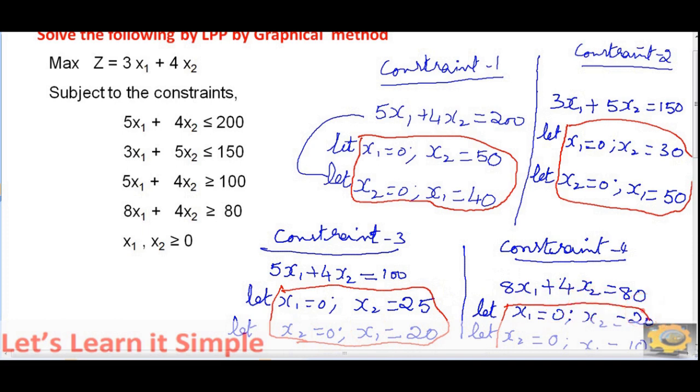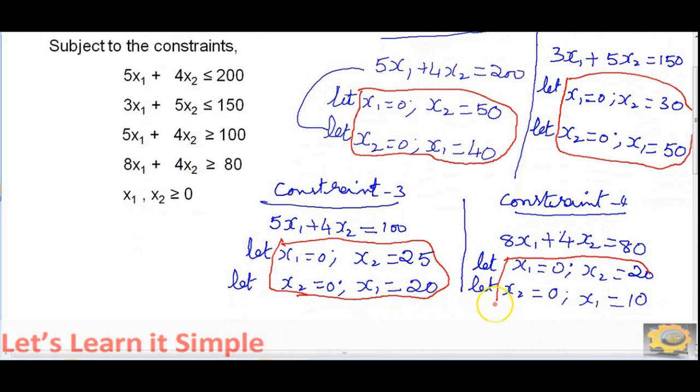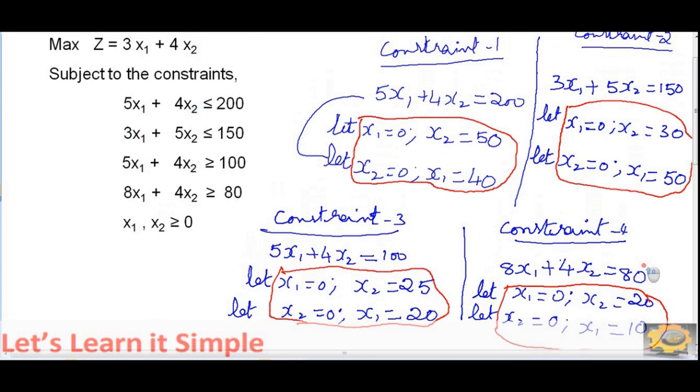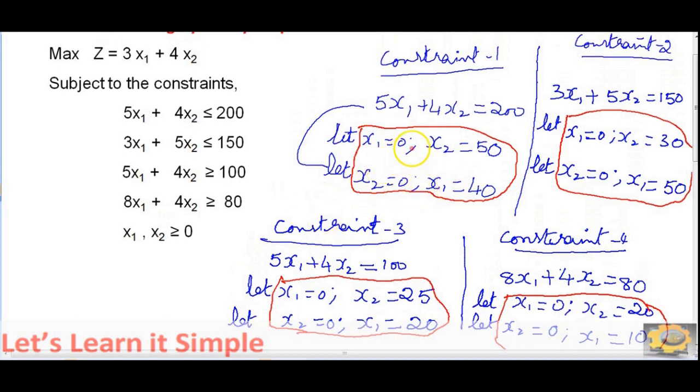So this is from the first constraint, this from the second one, this from the third constraint, this from the fourth constraint. Now, to plot x1 and x2, we need to have a range for x1 as well as for x2 to plot a graph.